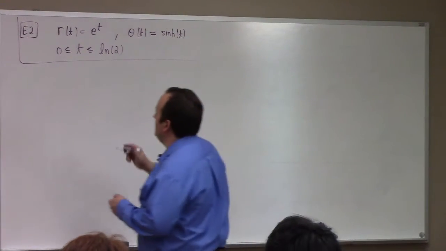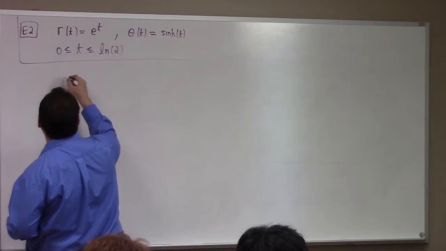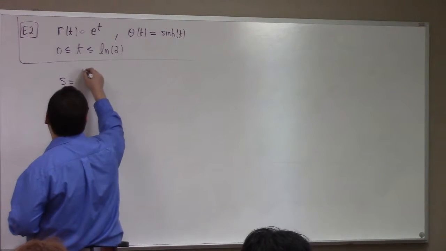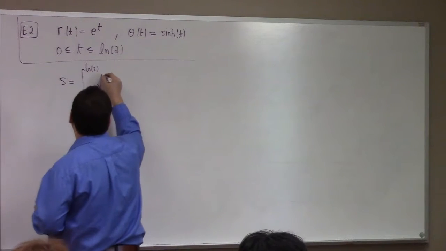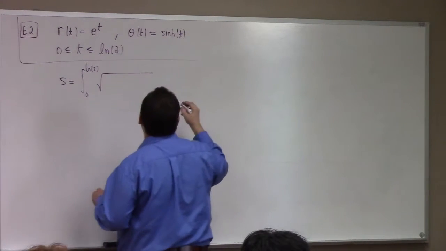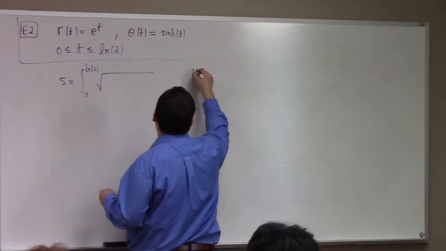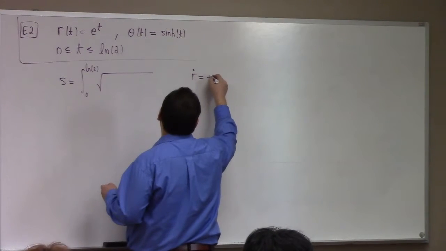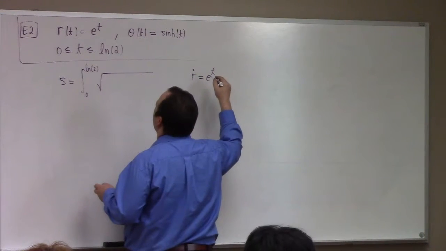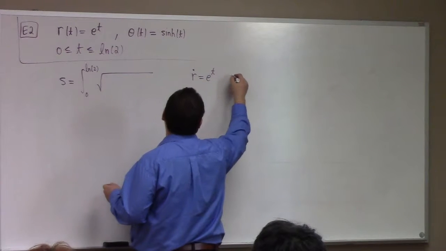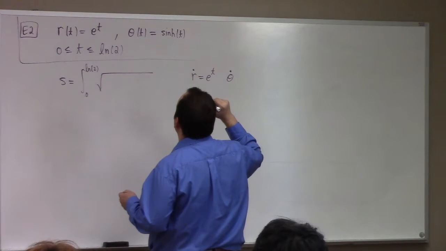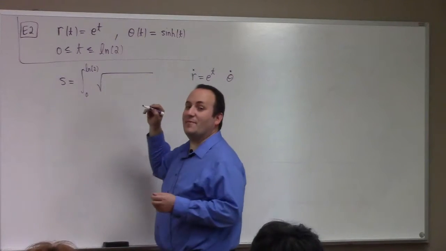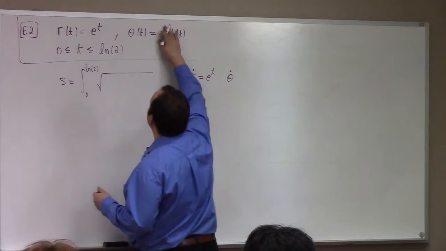Okay, so here we go. We integrate from 0 to log 2, square root. Let's see here. So our r dot is e to the t, right? And our theta dot, oh, I chose poorly. That's supposed to be cosh t. My apologies. Cosh t.